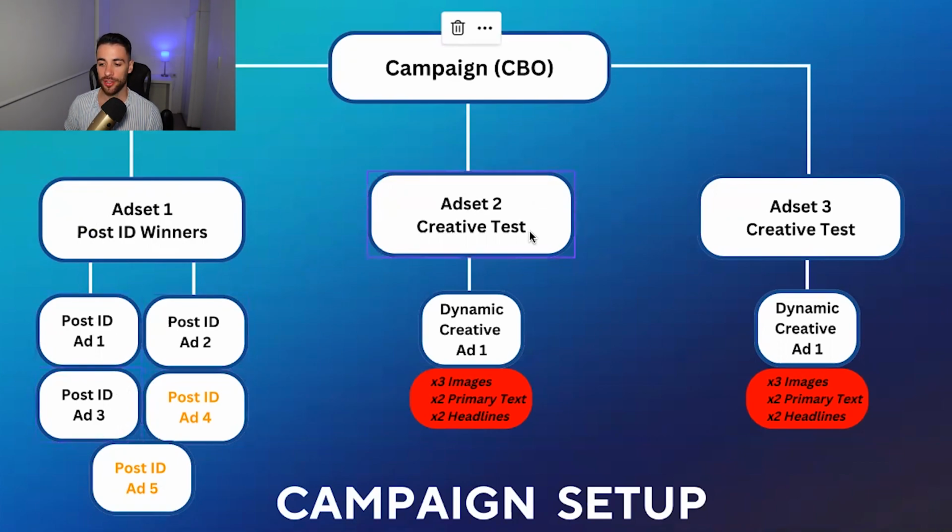And then within the dynamic creative ones, you're going to be having 3 images or videos, 2 primary text, and 2 headlines. I recommend only doing all videos in the ad set, or the ad, sorry, or doing all images. So like, for example, this one could be 3 images, that one could be three videos, or they could both be 3 images, or they both could be 3 videos each, okay?